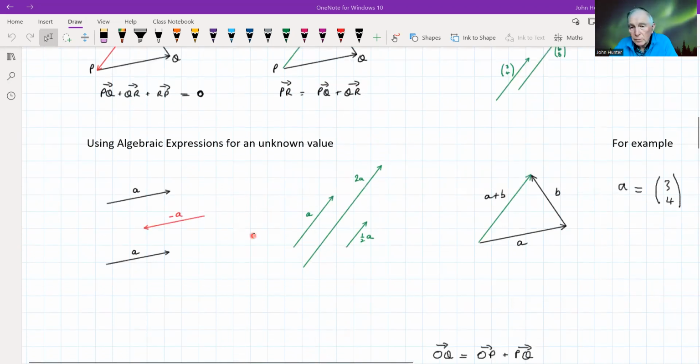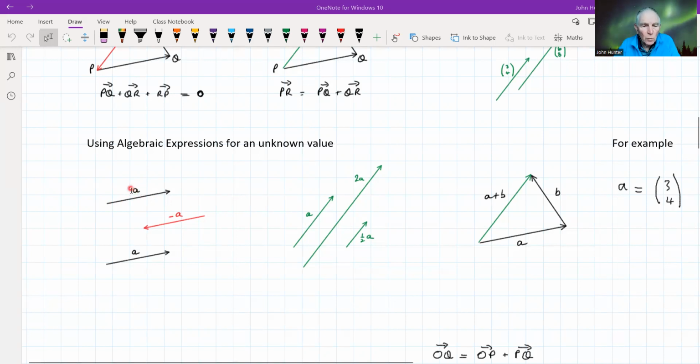Now, I mentioned algebraic expressions. We may not know the value of a vector, and we may not need to know it if we're expressing some answer in the form of unknown vectors. So this vector might be a. In two-dimensional space, a would be two values like 3 and 4, which we could write as a column vector.